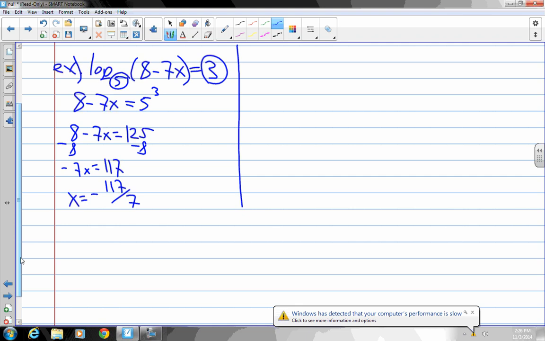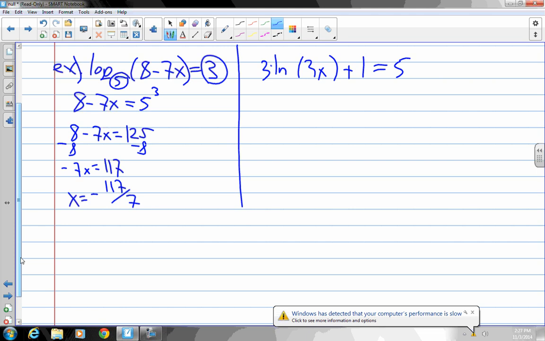Here's another one: 3 natural log of 3x plus 1 equals 5. Again, I want to make it look like the equation before, just the logarithm equals a number. So the first step is to isolate the log.